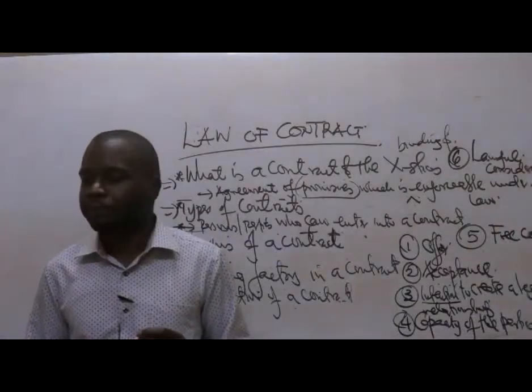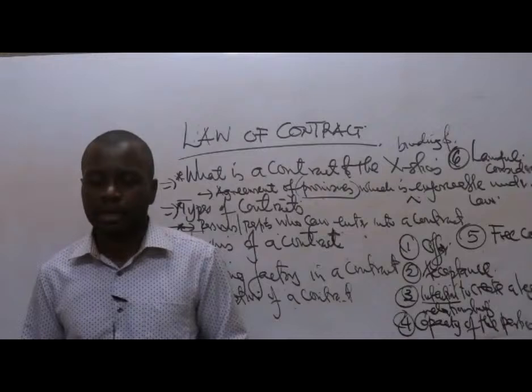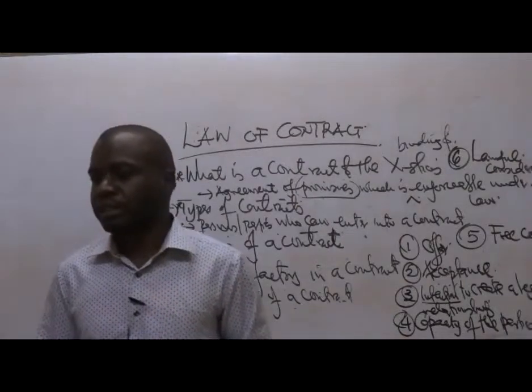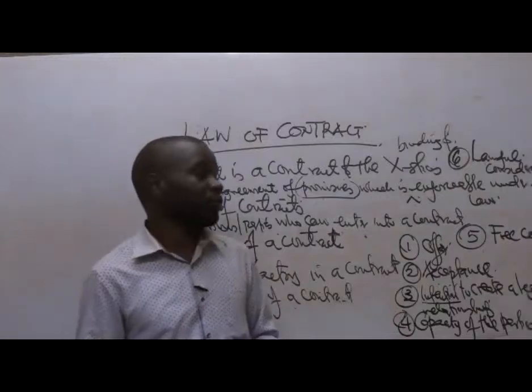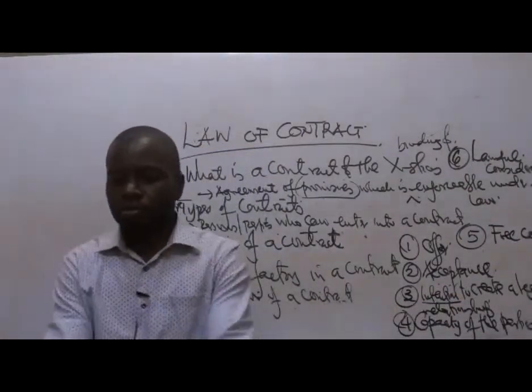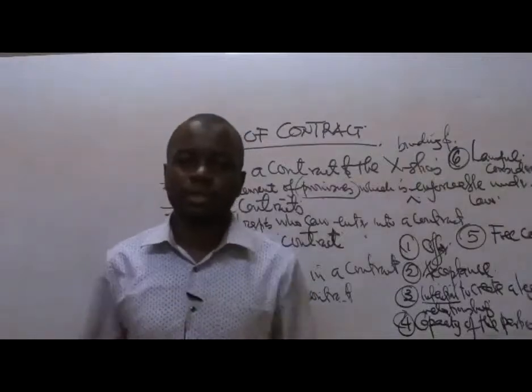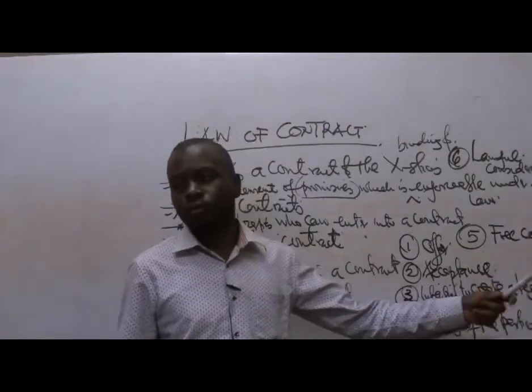You as the lady, you are the one who knows what you are getting out of it, so you freely accept. You cannot be forced by any person to get married to another person. Any contract is out of what we call free consent.